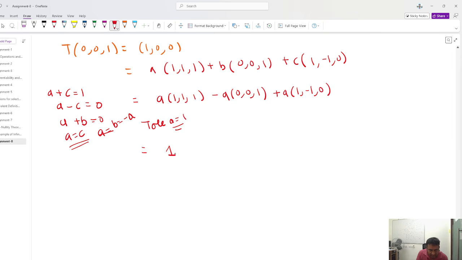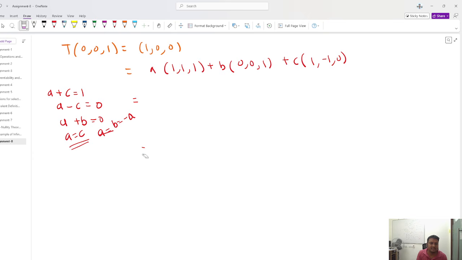So what you will get is 1, 1, 1, 1. Oh no, let us properly solve it. I have made a mistake. I don't know why sometimes I'm very lazy in solving. Let us solve this equation like we usually do.